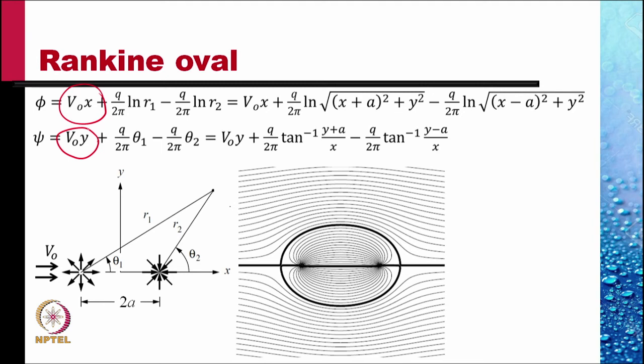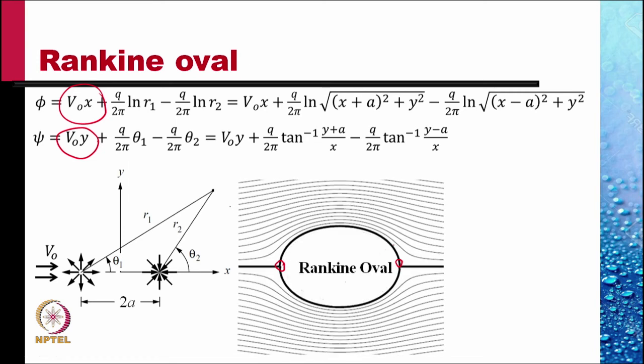This streamline, which is bifurcating at 2 points, must have stagnation points there, and so we can replace the inside of this streamline with a solid body.